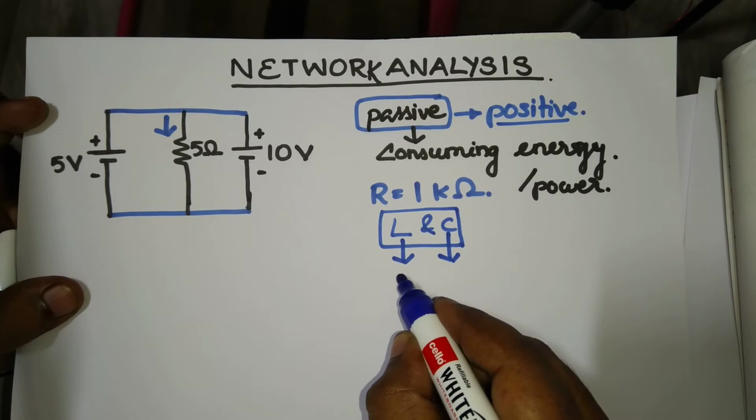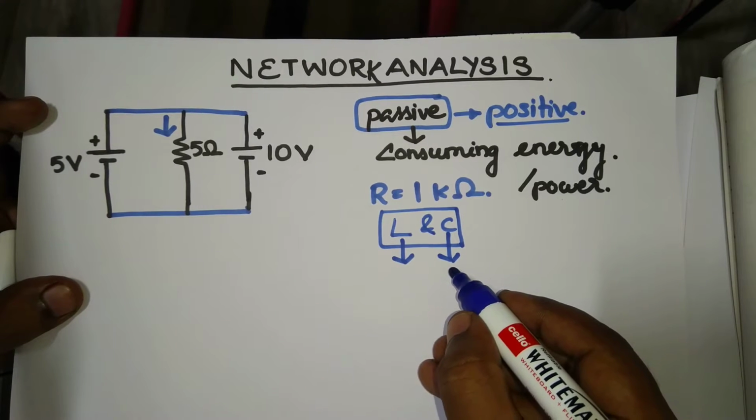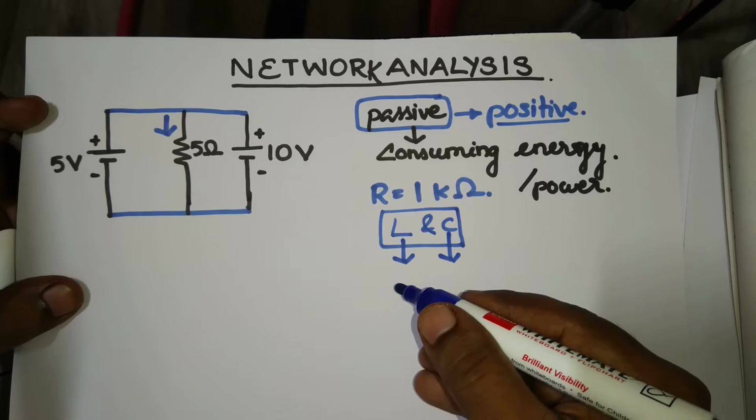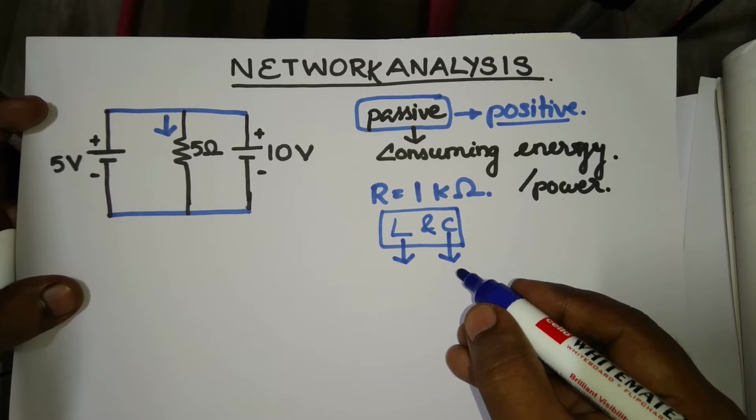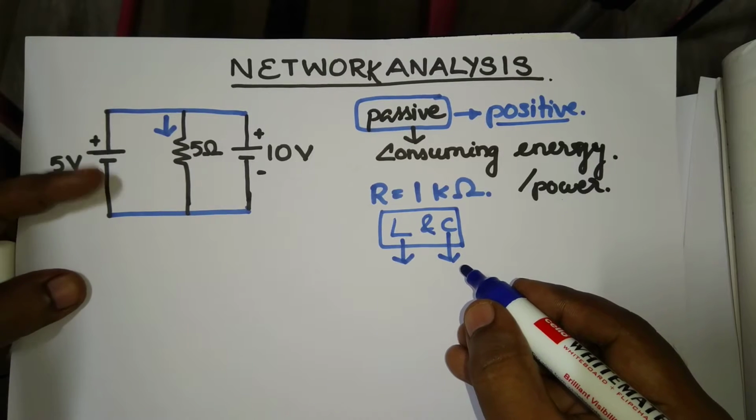For example, say positive 2 millihenry, or some 0.1 nanofarad, something like that.